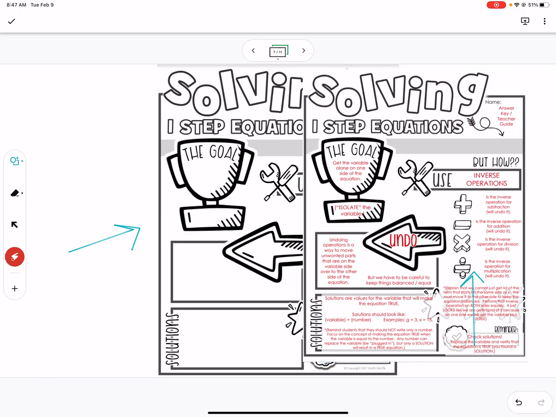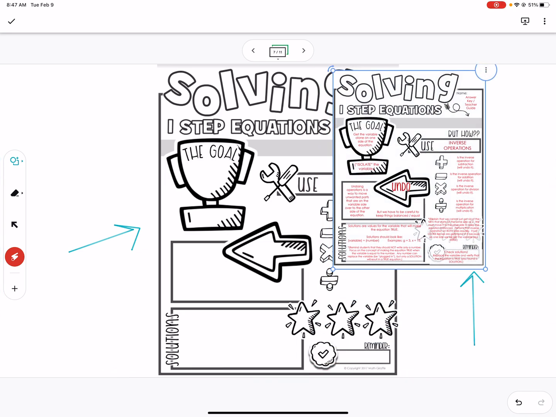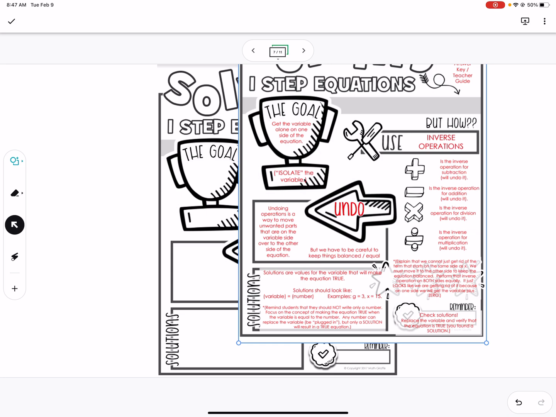The goal for solving one-step equations is getting the variable alone on one side of the equation, also known as isolating the variable. Okay, but how do we do that? Well, let me go ahead and erase this side over here. We will use inverse operations. Addition is the inverse operation for subtraction. That's how you undo it.